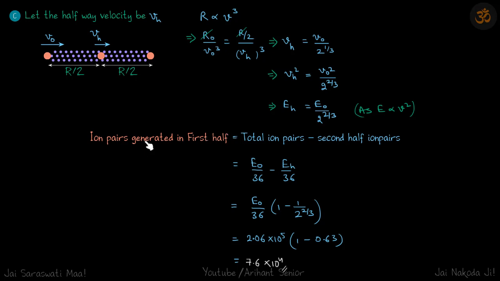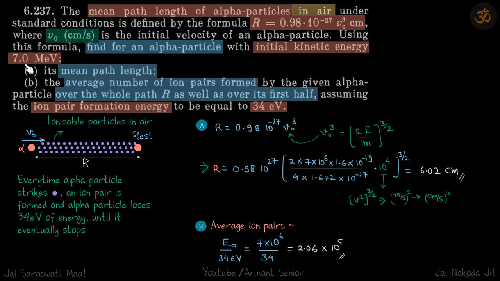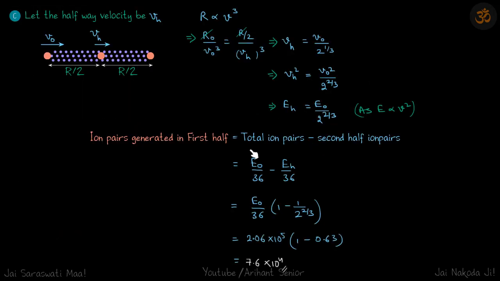Now, we are given what E naught is, that is this. So ions generated in the first half is total ion pairs minus second half ion pairs. Total ion pairs are E naught by 34, minus Eh by 34 in the second half.